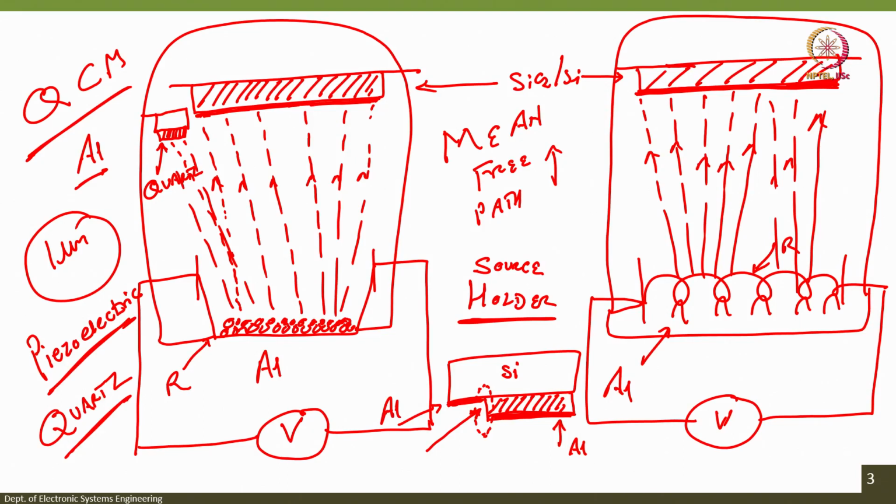Another question is that when you heat this boat, the material is melted, but it will take some time for all the material to get uniformly melted. So, should we start evaporation as soon as we apply the voltage to the boat, or do we wait for certain time?